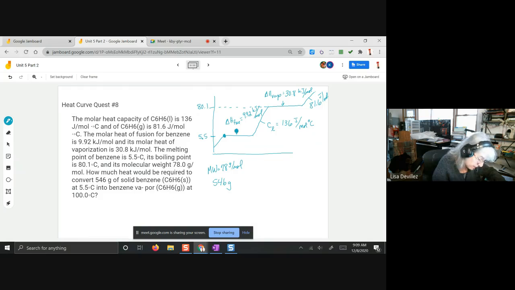Into benzene vapor at 100. So we're stopping here. Let's make these points. We're starting here, and we're going to stop somewhere up here at 100 degrees C. We're starting at 5.5, right at the melting point.